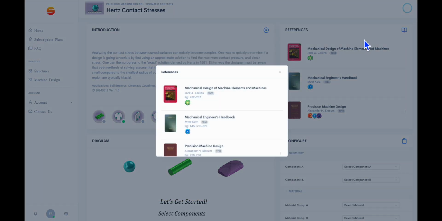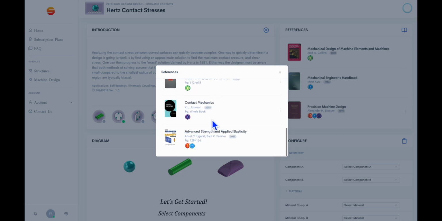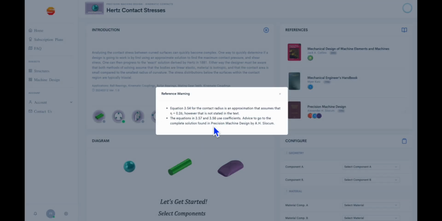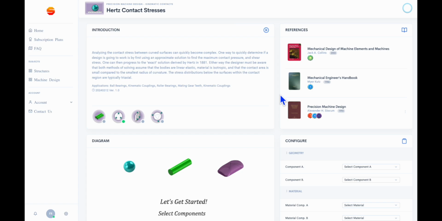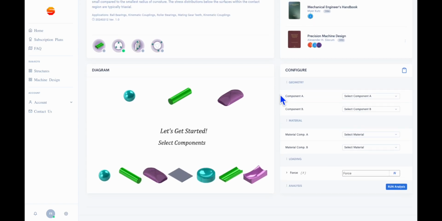If you go to the details of the other references, it also gives you additional references as well as their associated reference warnings. All right, so we're going to proceed with the universe plan.